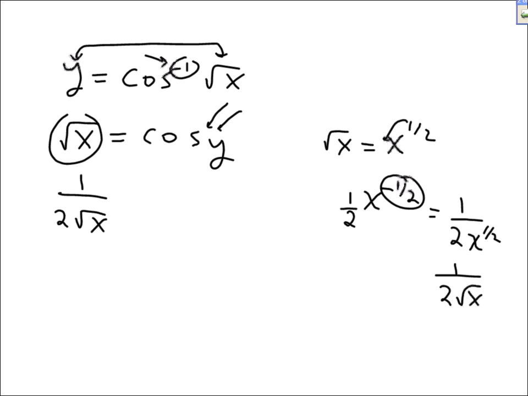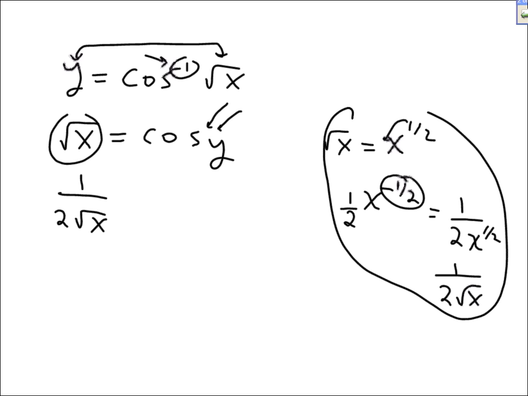Taking the derivative of square root of x comes up so frequently that you should just memorize it. You should be able to do it on your own. But who wants to do all our work? It's just 1 over 2 square root of x. Equals the cosine of an angle. The derivative of cosine of any angle is negative the sine of the angle times the derivative of the angle.